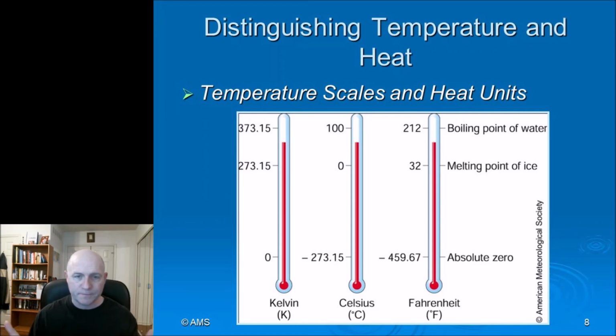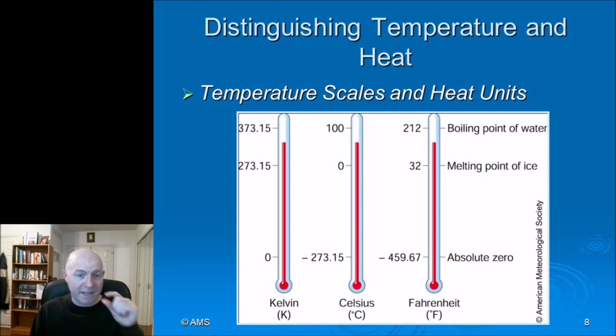This is just an overview of how some of these scales look on the classical liquid and glass thermometers. Boiling point of water: 212 Fahrenheit, 100 C, and 373.15 kelvins. The interval between kelvins is the same as the interval between degrees Celsius.